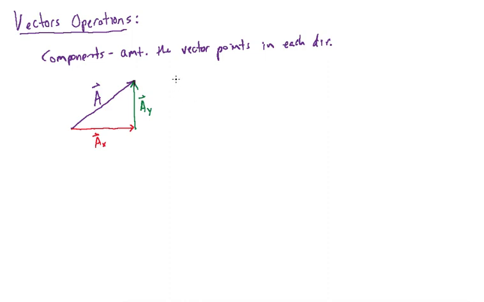So I could write something like vector A is equal to vector A sub X plus the vector A sub Y.